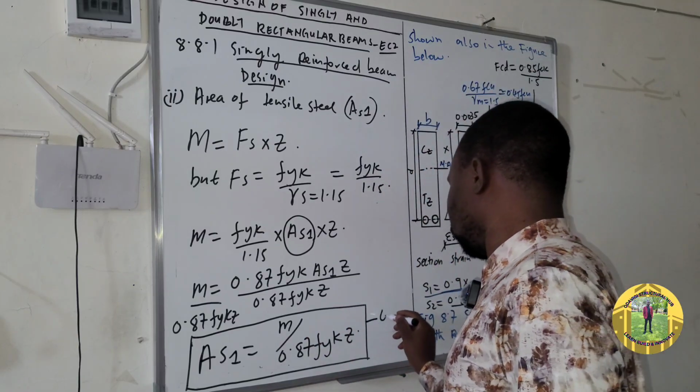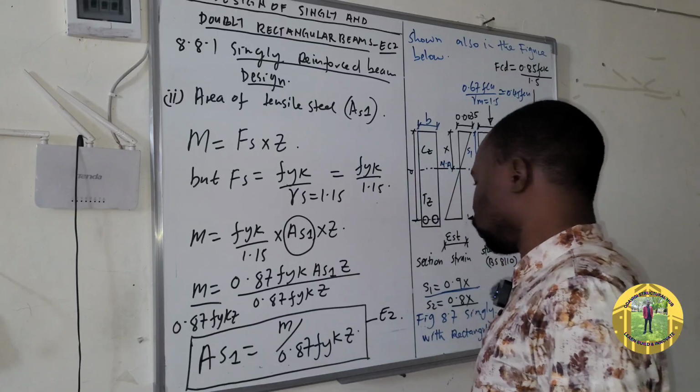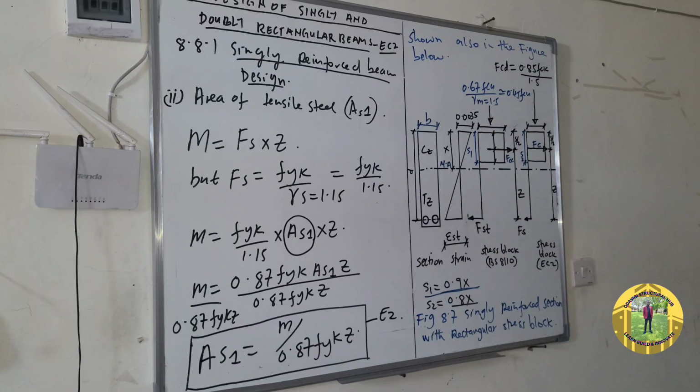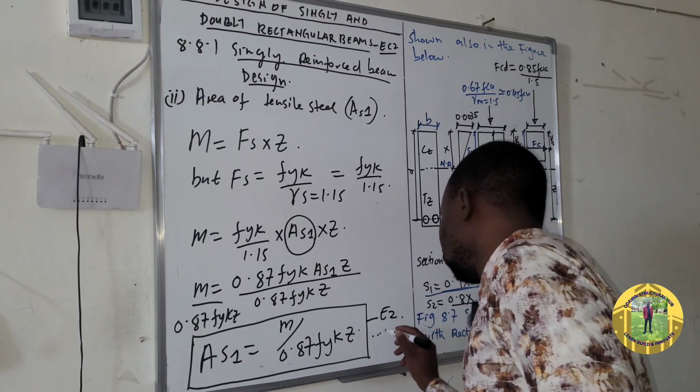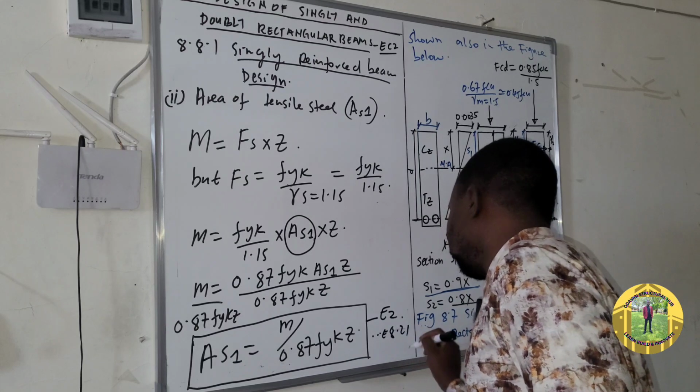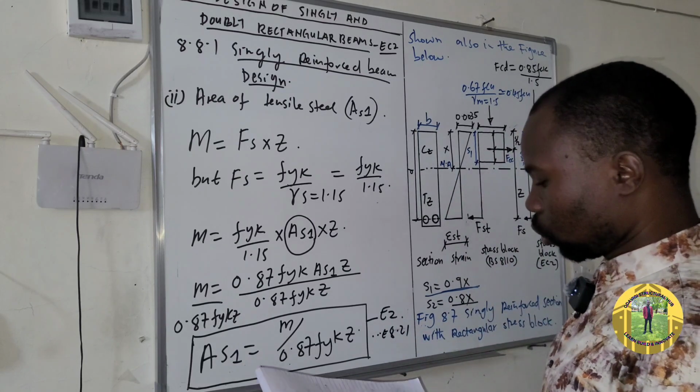So this is Eurocode 2, equation 8.21 in Eurocode 2.